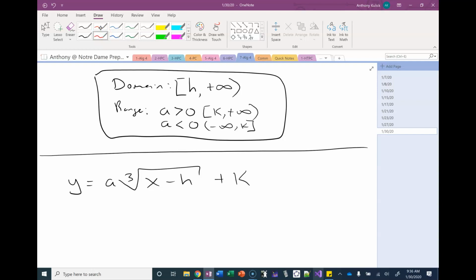Okay. So just like we did for square roots, I'm going to be particularly interested in, for a cube root, numbers that we can take the cube root of and get a whole number back. However, because we can cube root negatives, there is no smallest number we can take the cube root of.